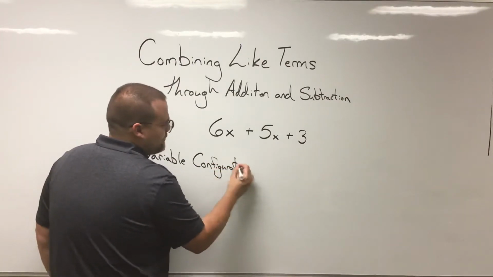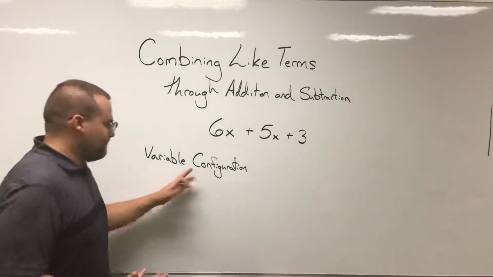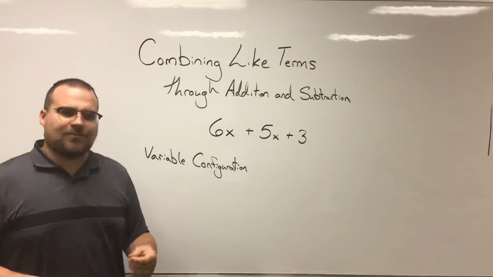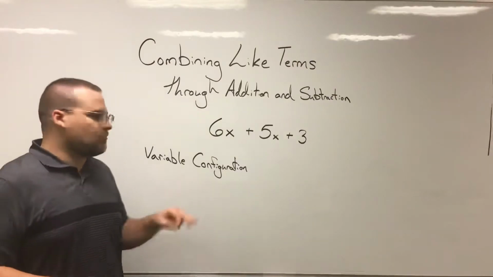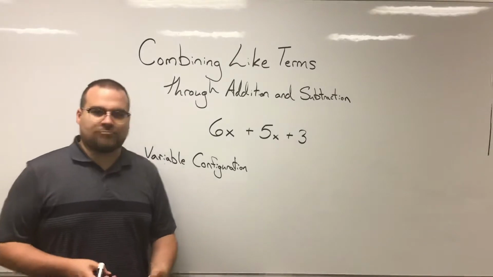Now I'll be honest and say this is kind of a term of my own. This is not necessarily a fancy math term, but just kind of something that I use to remind myself what I'm looking for whenever I'm combining like terms.